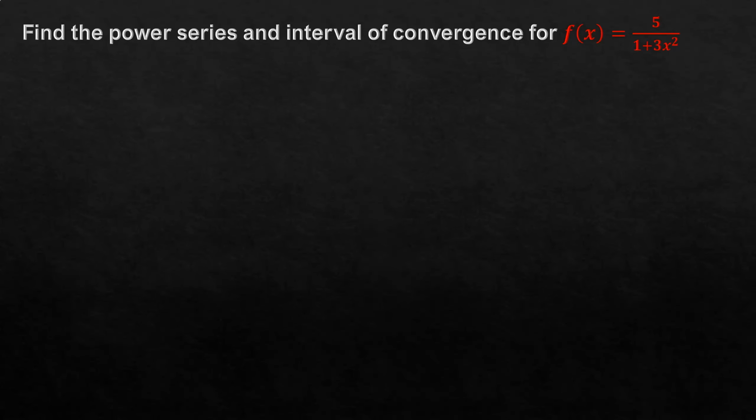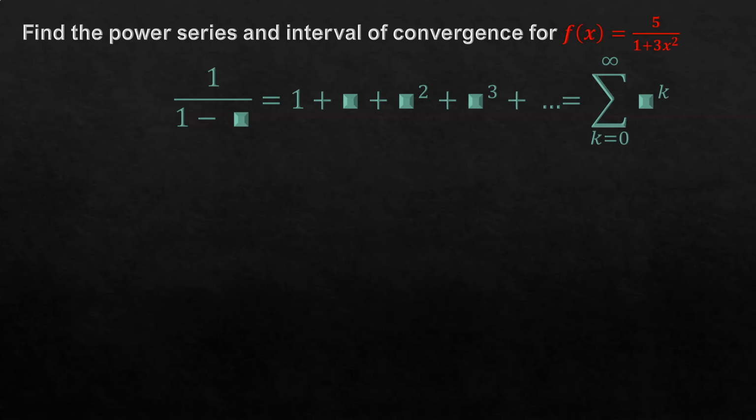All right, so here we are. We will go ahead and start with the form 1 over 1 minus blank, and that is the geometric series of x to the k power when the absolute value of blank is less than 1.